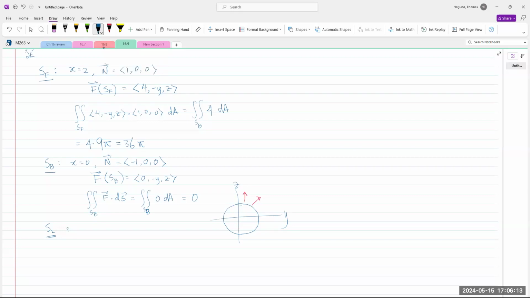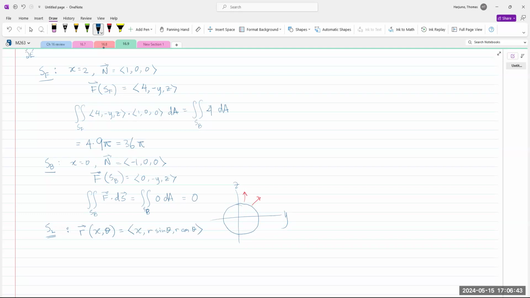That's the vector field r of x, theta: r is x, r sine theta, r cosine theta.